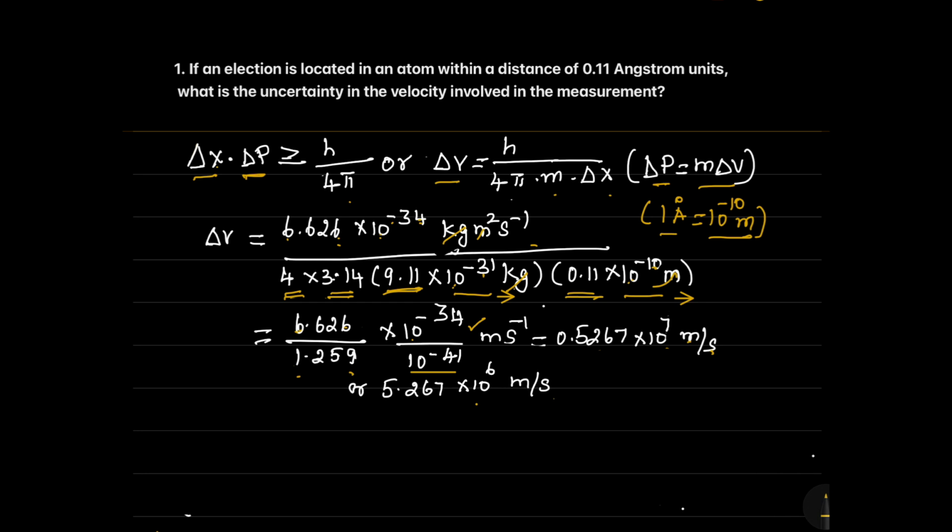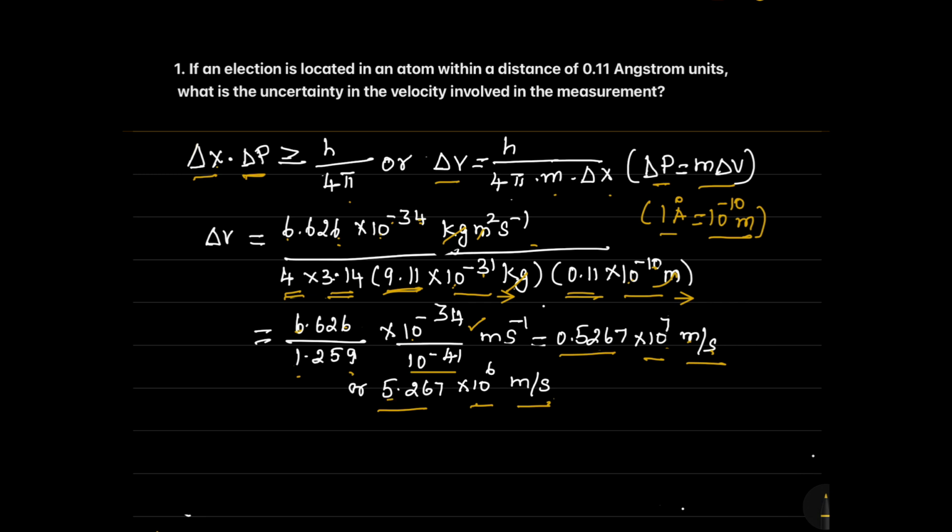So the simplified answer is 0.5267 into 10 raised to the power of 7 meters per second, and this can also be written as 5.267 into 10 raised to the power of 6 meters per second. That is, for a subatomic particle, an electron, the uncertainty in velocity is very, very large.